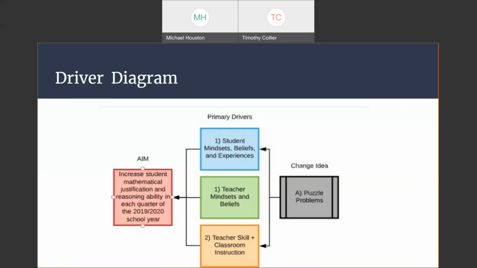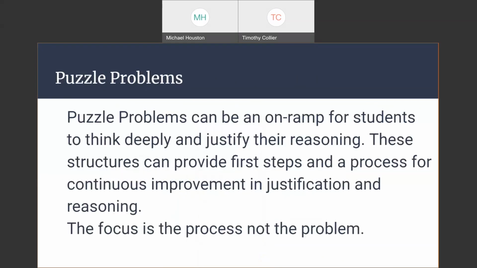And that landed us at puzzle problems. We needed something that was accessible, that was actually doable, and relatively narrow so we could collect some data and actually refine our practice as we went. So we used these puzzle problems as our vehicle, or on-ramp, for students to think deeply and start to justify their reasoning. We didn't want teachers to have to make a big change in their curriculum.